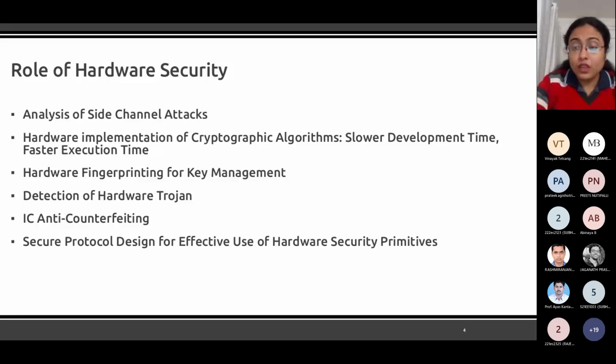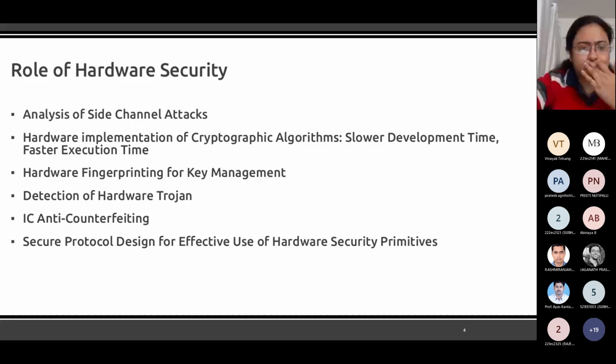Okay, so the last point that I was saying: if somebody tampers with the circuit at the time of fabrication, that is called inserting a hardware Trojan. It happens whenever the design company that is designing the hardware is not fabricating it, but rather giving it to a third party for fabrication of their chip.